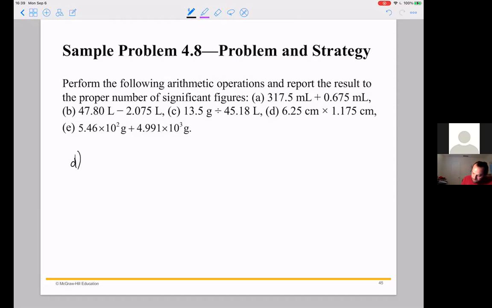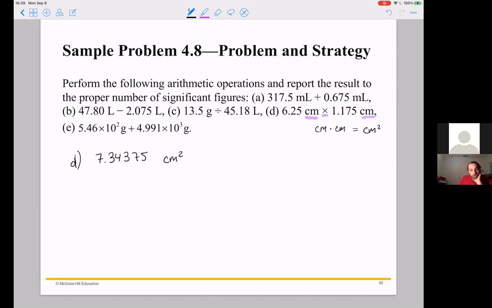I can just punch this into my calculator and I get 7.34375. Paying attention to units though, I have centimeters times centimeters, more conveniently written as centimeters squared. So that should be the units for this particular problem.